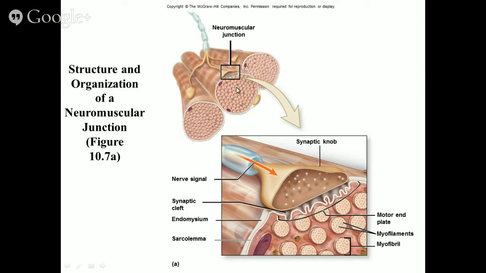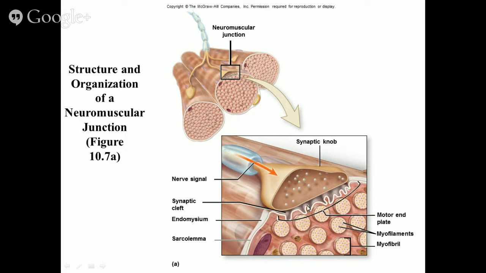So we've zoomed in on the muscle cell, and we can see where there's a relationship here. Now I want you to notice something real key. Here's the nerve signal. That's the electric current that's passing through the motor neuron. And it gets to the synaptic knob. There's a problem. There's a synaptic cleft here.